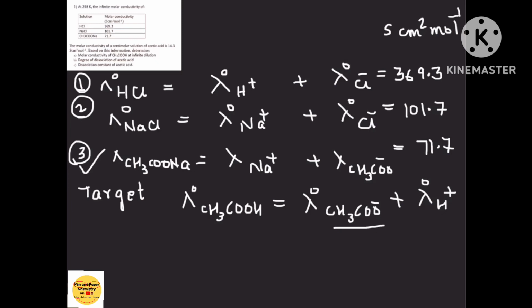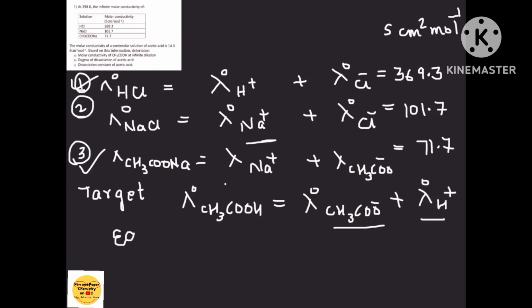Very good, from the third equation. From where can I get the ionic conductance of hydrogen? Very good, from the first equation. So I can add the first and the third equation. But what are the tag-alongs? You notice there is Na positive which is extra, there is chloride ion which is extra. So what do we do? Yes, I can remove the value of these two by subtracting equation number 2 from it.